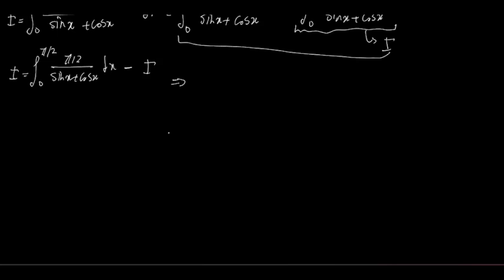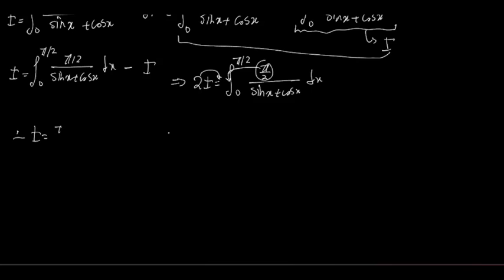We can move this negative I to the other side to be plus I. So I plus I, which is 2I, is equal to the integral from 0 to pi over 2 of pi over 2 over sine of x plus cosine of x dx. Now let's move the constant out, and divide by 2, so pi over 2 is going to be pi over 4.